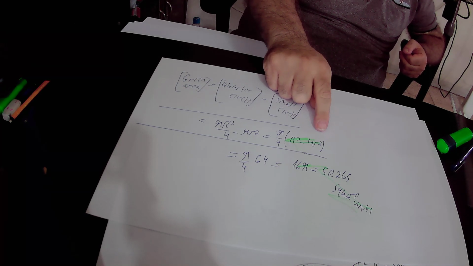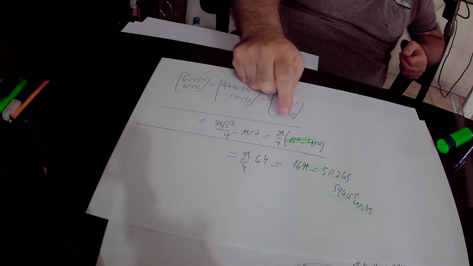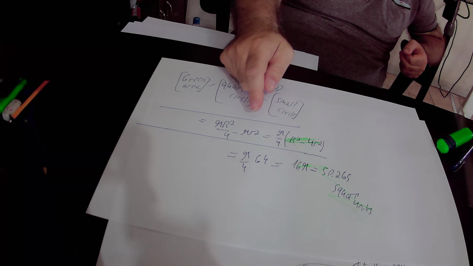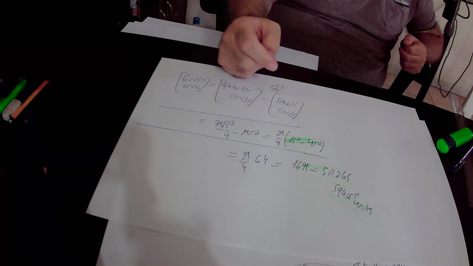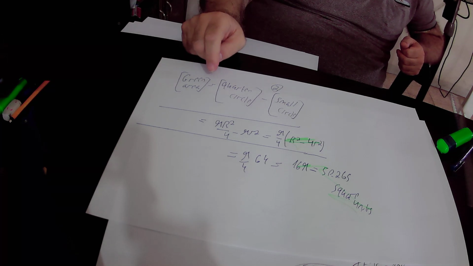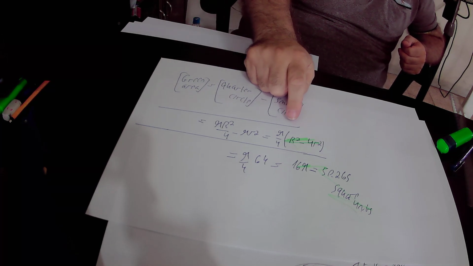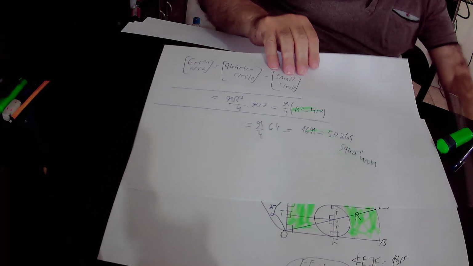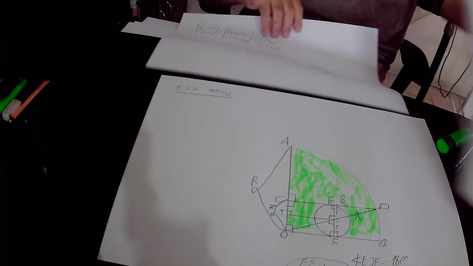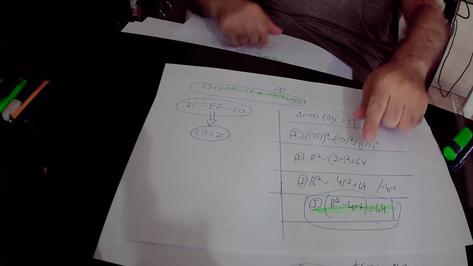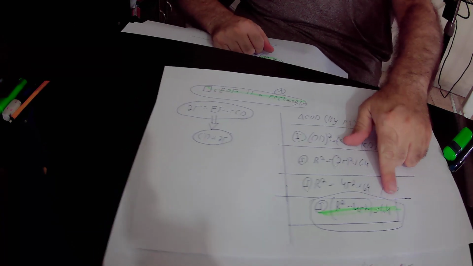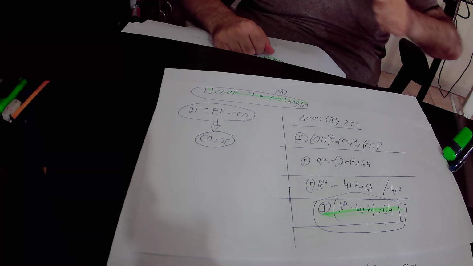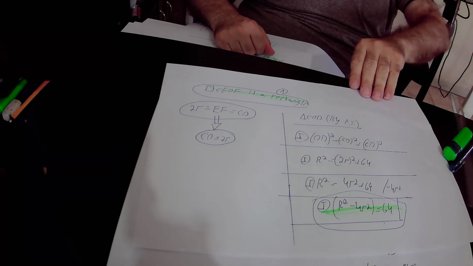Because minus 4r squared times pi over 4 equals exactly minus pi r squared. So I found out that the area of the green shape equals pi over 4 times capital R squared minus 4r squared. But we have already found out that this expression, capital R squared minus 4r squared, equals 64, according to equation number 1.